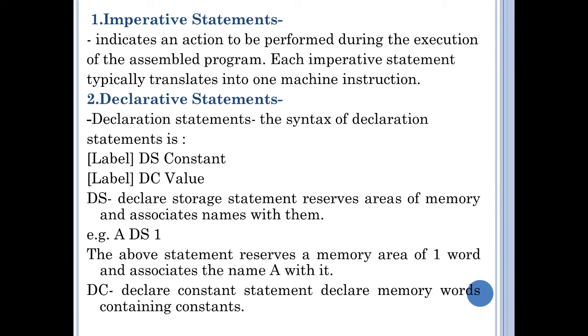DS is the declare storage statement, which reserves areas of memory and associates names with them. For example, A DS 1. The above statement reserves a memory area of one word and associates the name A with it.